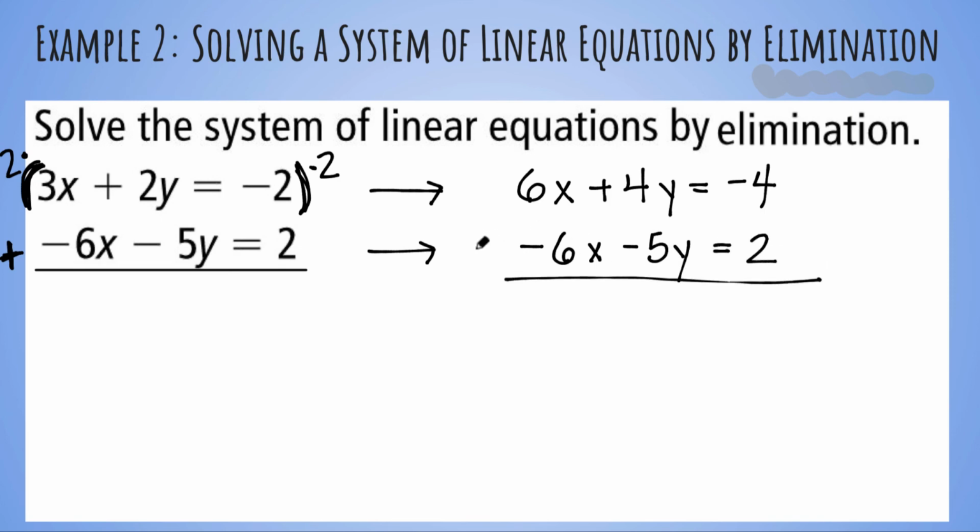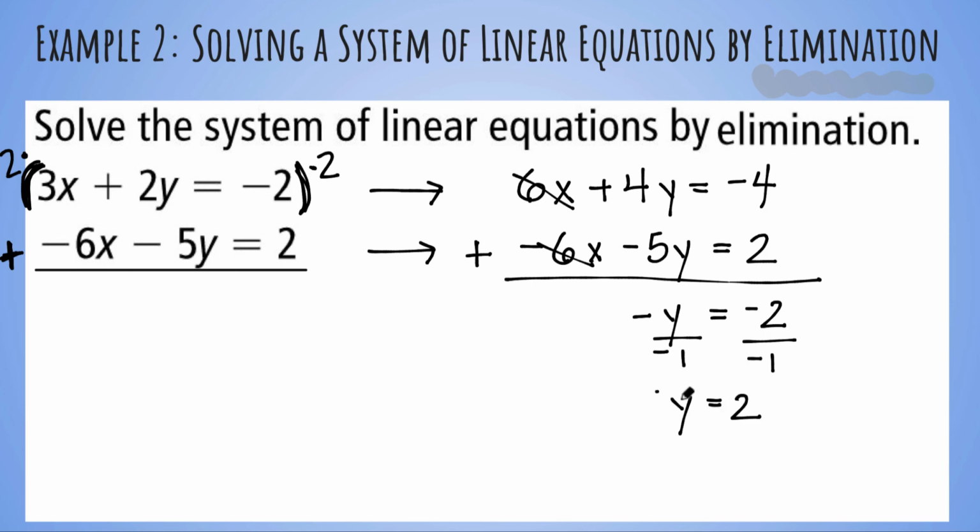Then adding these two together, we can see 6x minus 6x is 0. 4y plus a negative 5y gives us negative y. And negative 4 plus 2 gives us negative 2. Dividing through by negative 1, we get positive y equals 2. So that's our y coordinate.